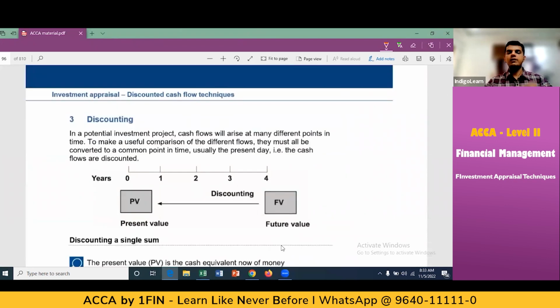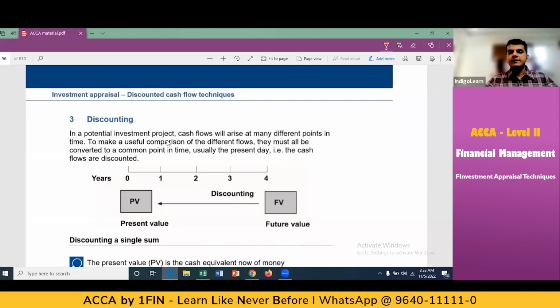Now comes the discounting. As the name suggests, we have to pull something back. So every year we'll be receiving something. To make it comparable or to make it cumulative, we'll discount it back or pull it back to year 0 or year 1, whichever year we want to have the view.